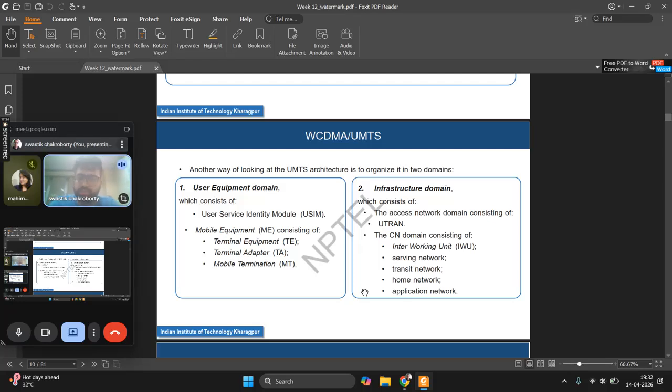This is the infrastructure domain. These are like the telecommunication infrastructure. They are not dependent on the user. They are shared by multiple users. Whereas the user equipment domain concerns only things that are specific to a particular user. They are not common across users, like a SIM card and mobile equipment.